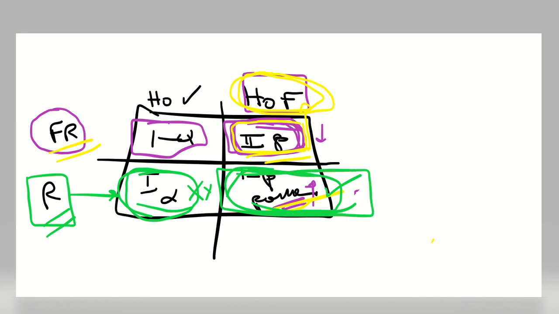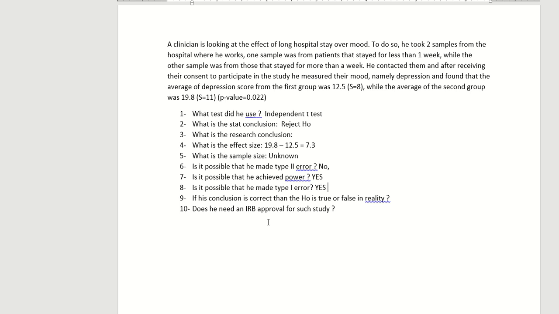And now that we know he achieved power, that directly means that the null hypothesis has to be false. So let's go back and see what the question says. If his conclusion is correct, meaning he achieved power, then the reality of the null is false. The reality of the null, not the answer to this question. Reality of the null is false.